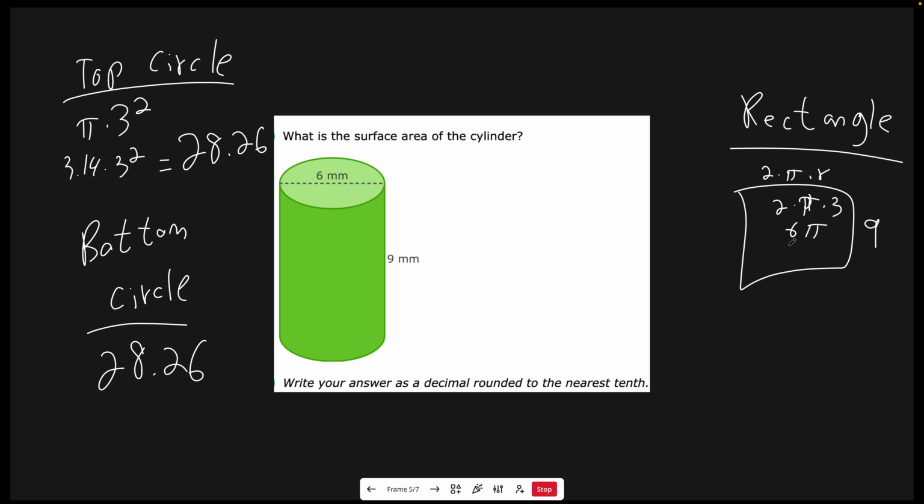To find the area of a rectangle, we just do length times width, or base times height, depending on how you learned it. So we're going to do 6 pi times 9, which is 6 times 3.14 times 9, which will give you 169.56. And now we just add the three numbers together.